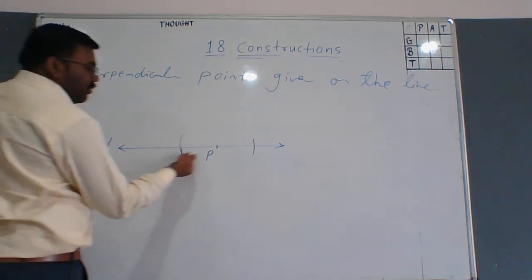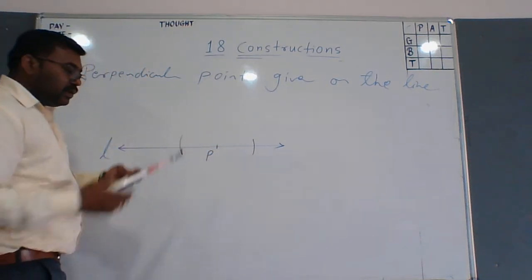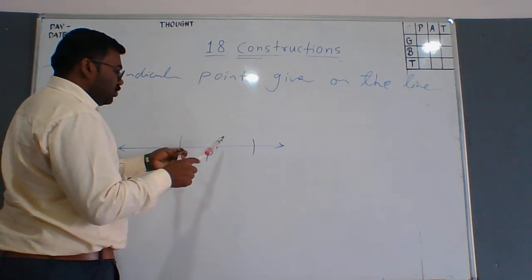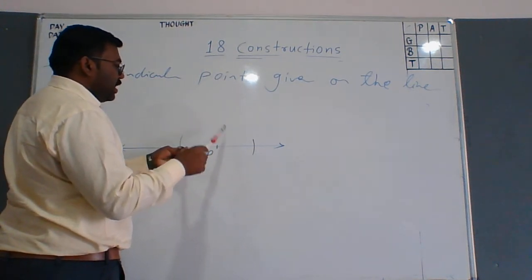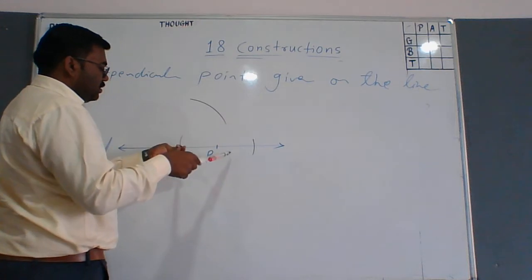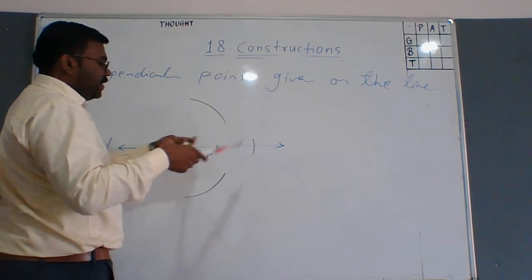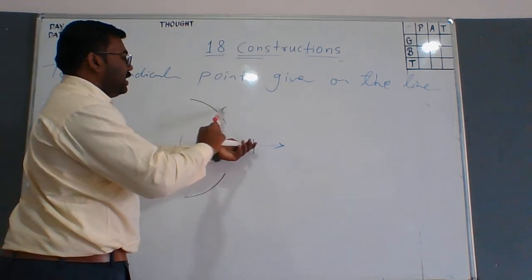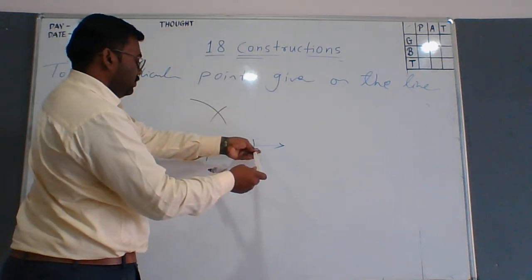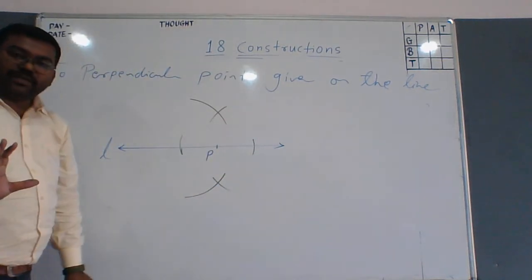Correct? Now we have these 2 arcs. Take more than half the distance of these 2 arcs. Taking more than half the distance of these 2 arcs, draw up and down from the second arc, cut it. Understood what we have done?